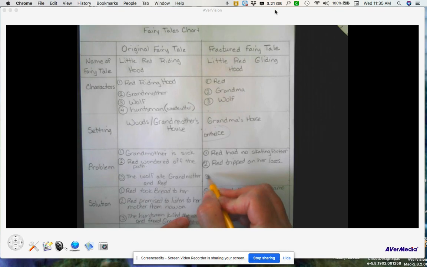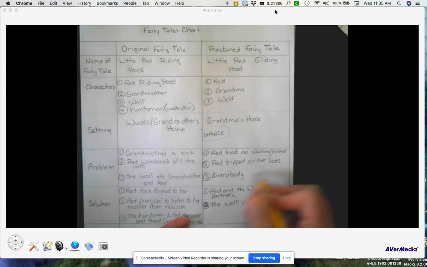And then the third problem I saw was that everybody was scared of the wolf, right? And he caused chaos. So what was the solution?